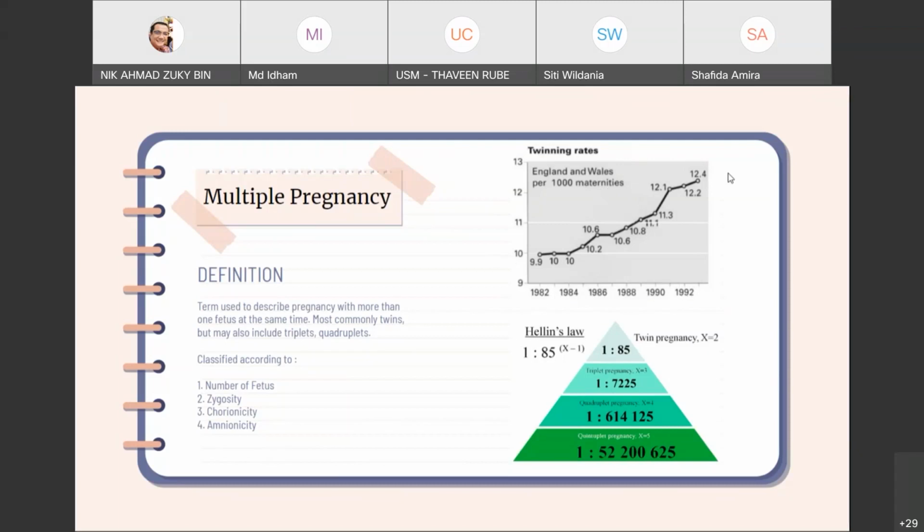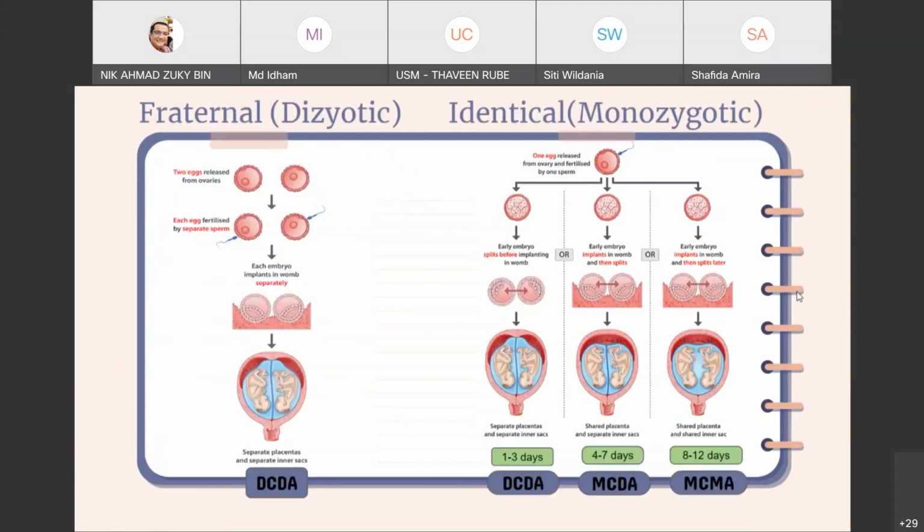Some books say 80 per pregnancy. For example, twin, so we just put number 2 here. So it will be 1 over 85 squared. So if triplets, we just add 3.